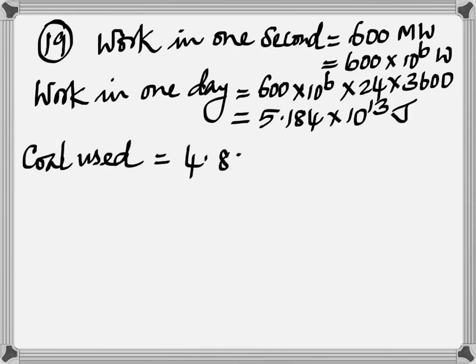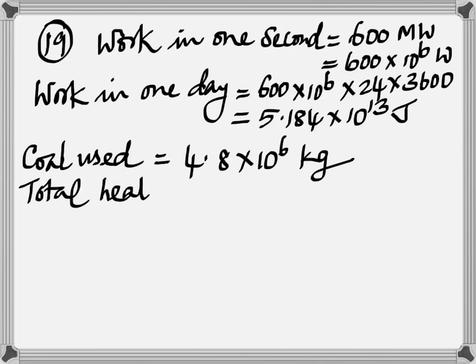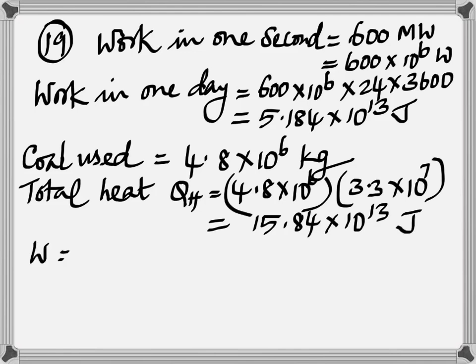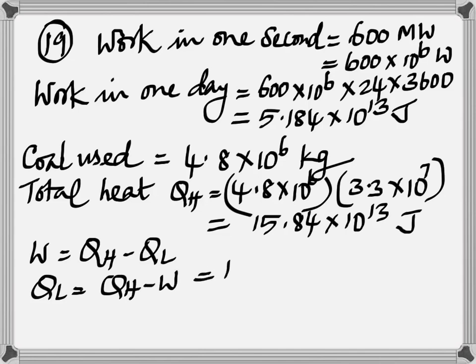Coal used, 4.8 times 10 to the 6 kilogram. And total heat, QH, you multiply that mass with the heat of combustion. And you get 15.84 times 10 to the 13 joules. Then work is QH minus QL, but wait a minute, what are you asked to find here?